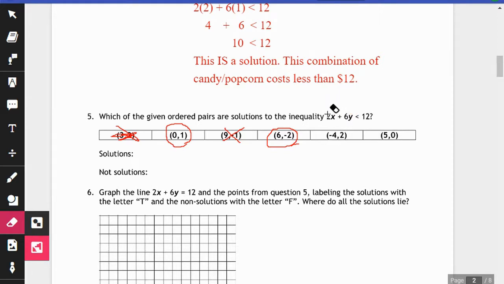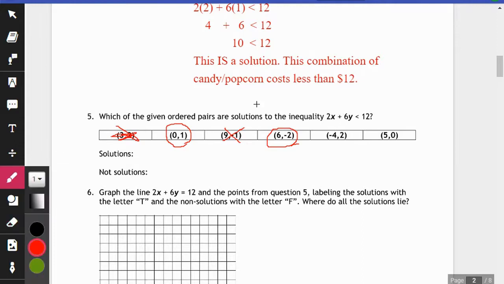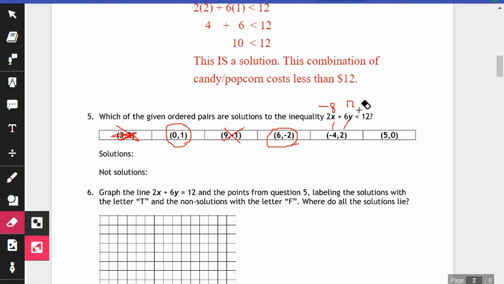Okay, here we have -4 times 2 is -8. And 2 times 6 is 12. -8 and 12, they add to make 4. 4 is less than 12. So that one works as well.